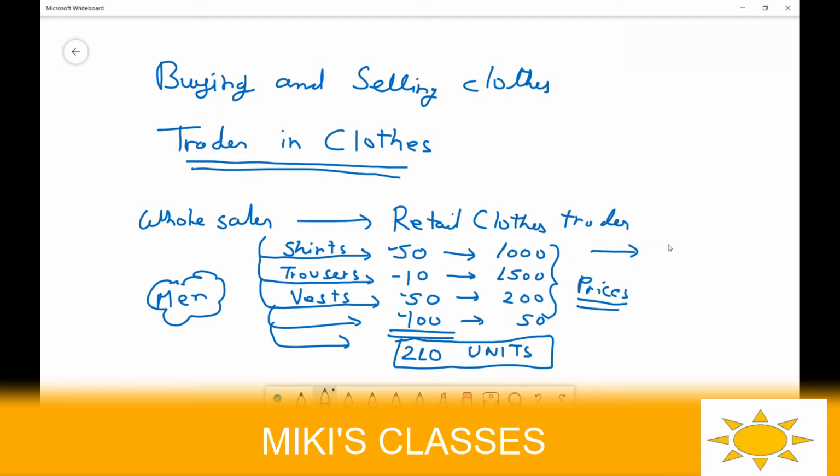50 into 1,000 would be 50,000. Likewise for the trousers, 10 into 1,500, so that is 15,000. Likewise for the vests, you'll have to add 50 into 200. That is 10,000, right?